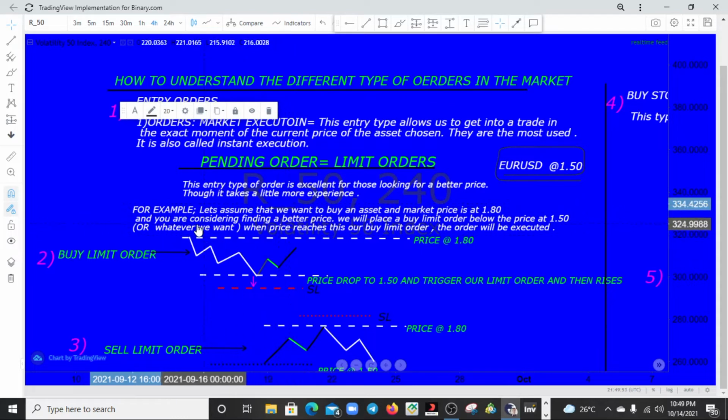Let's assume that we want to buy an asset and the market price is at 1.80, which to us is too high, on the high side, right?